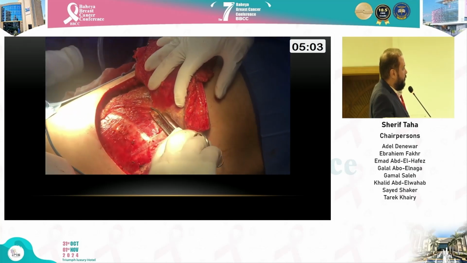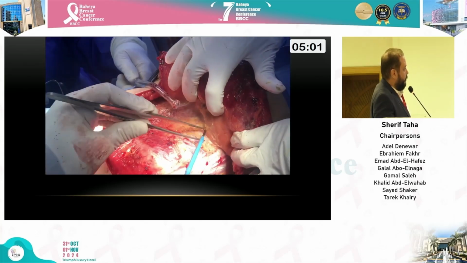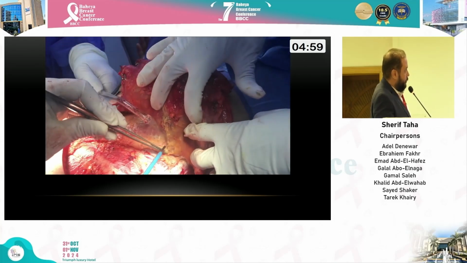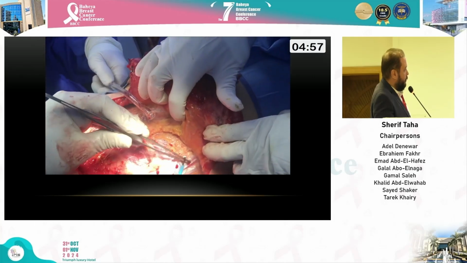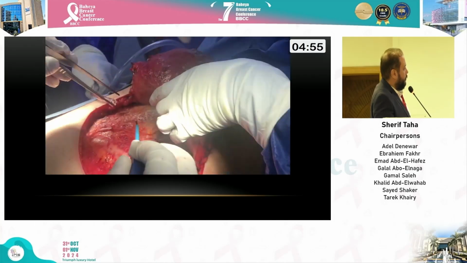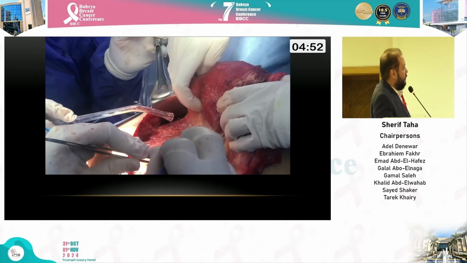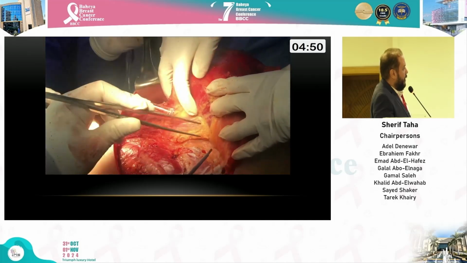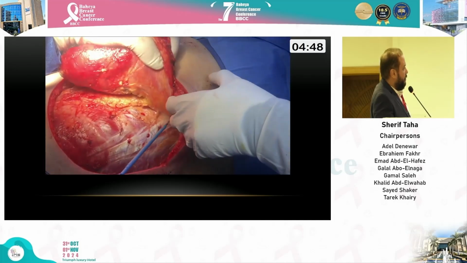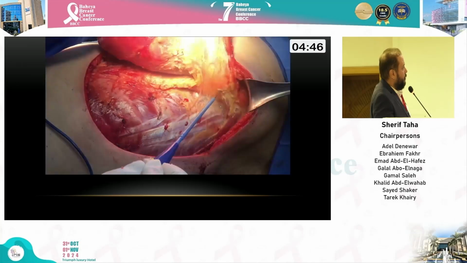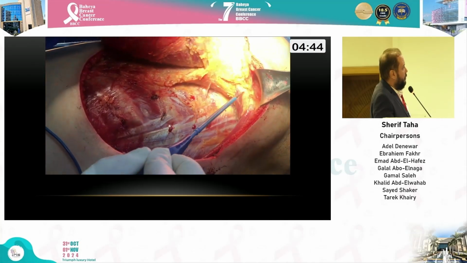Again, lumbar perforators are ligated. Subscapular fat, part of it can be taken and raised with the LD. Here you can see the rhomboid.